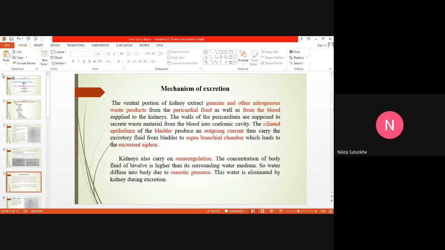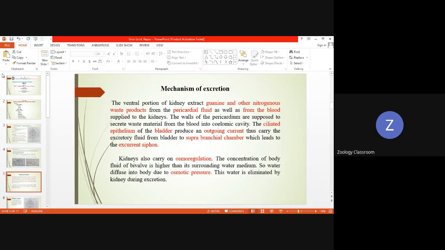The flow is from the surrounding water medium to the body of the bivalve. Okay. So here the problem is to remove the excess amount of water, isn't it?